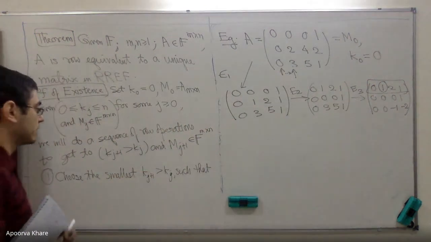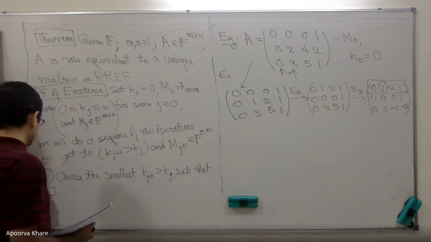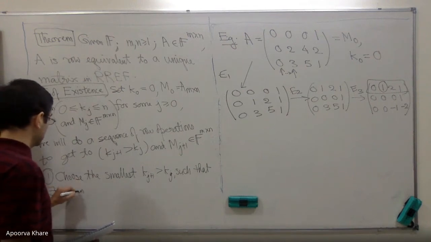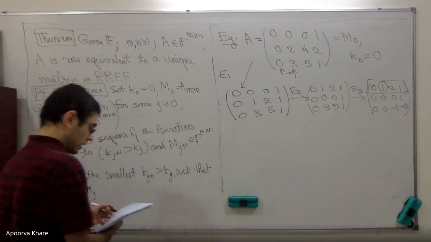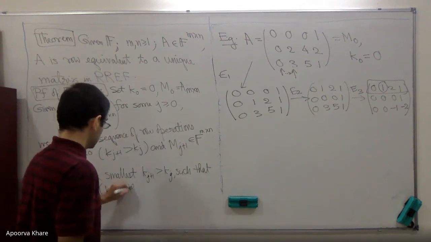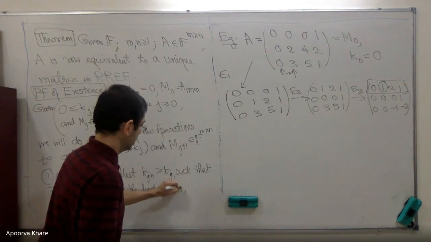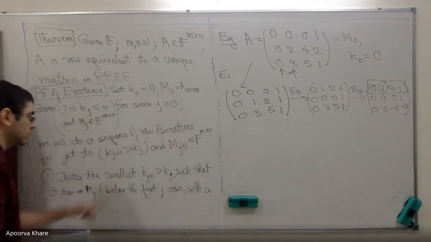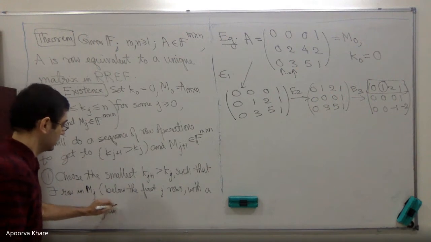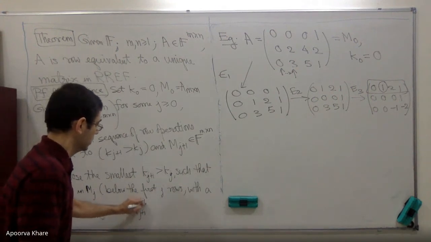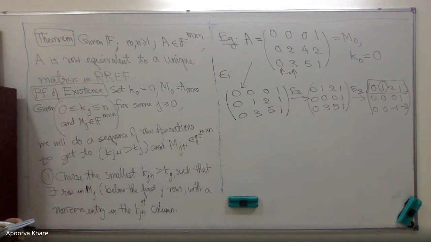So, choose the smallest kj plus 1 bigger than kj, such that there exists a row in mj below the first j rows with a non-zero entry in the kj plus first column. Keep doing this until you don't find such a row. Okay? This is the first step.